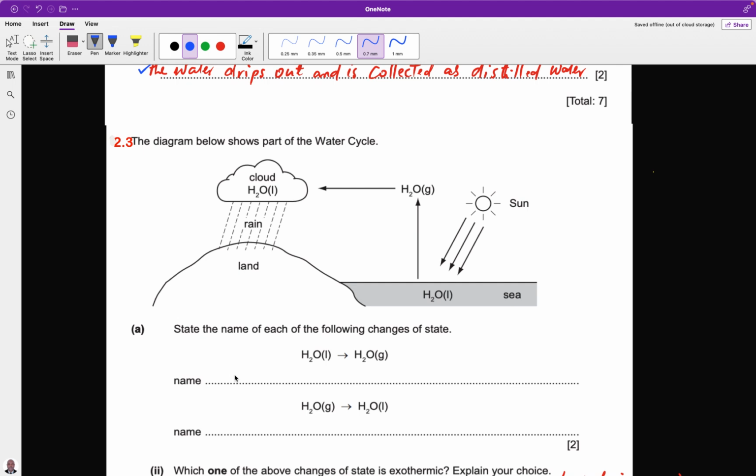The name here, we need a name. The name used here is, we can say evaporation.